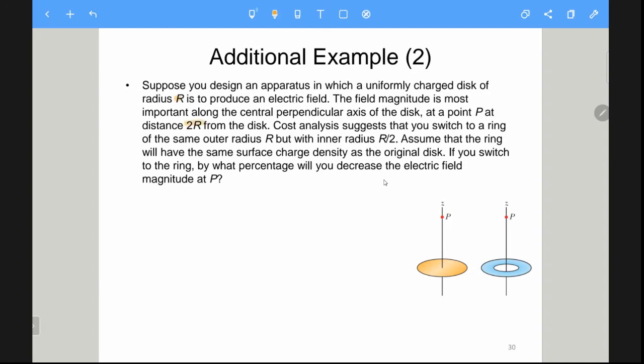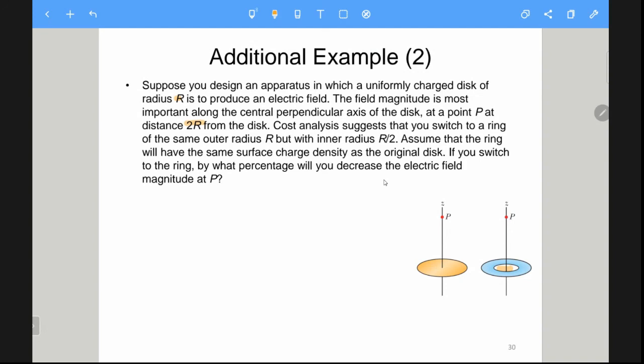So cost analysis suggests that you switch to a ring of the same outer radius R, which means that you just remove this part, and you still keep the charge density.